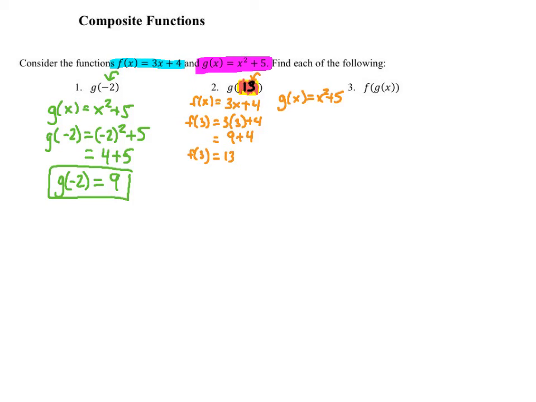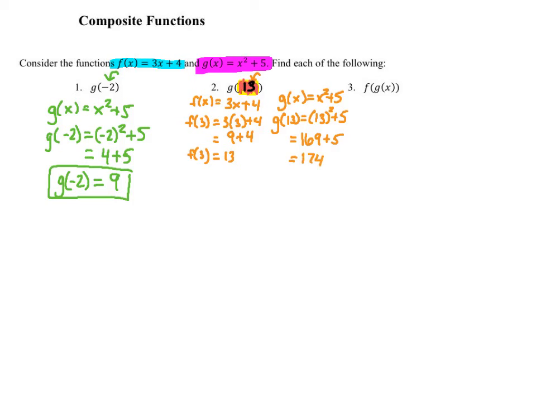And I'm going to plug in that 13 now into the g function. So g of 13 equals 13 squared plus 5. 13 squared is going to be 169, and I bring down that plus 5. 169 plus 5 is going to be 174.